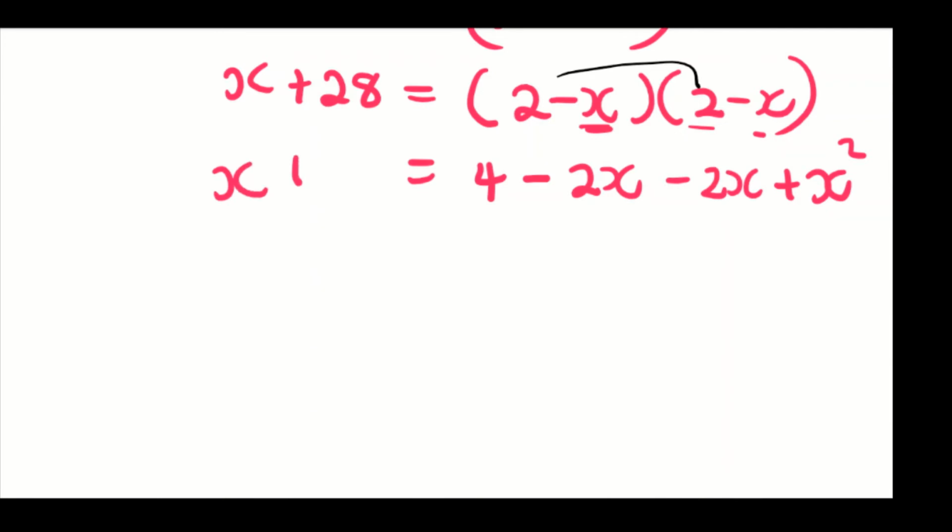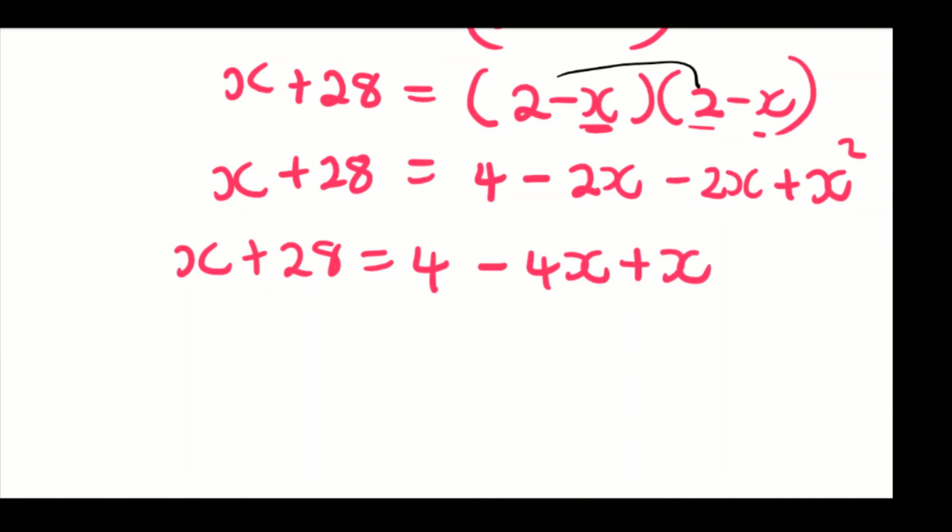And here it's x plus 28, right? So we have x plus 28 is equal to 4 minus 4x plus x squared.